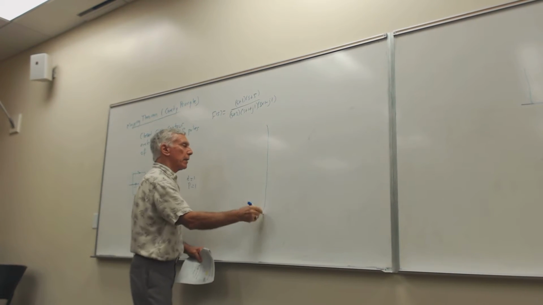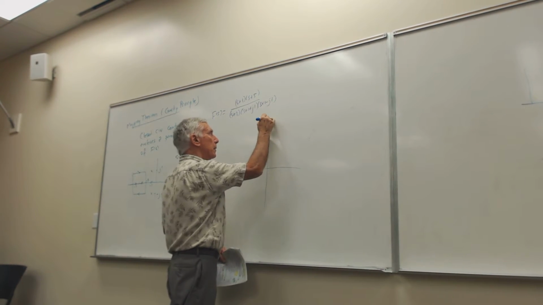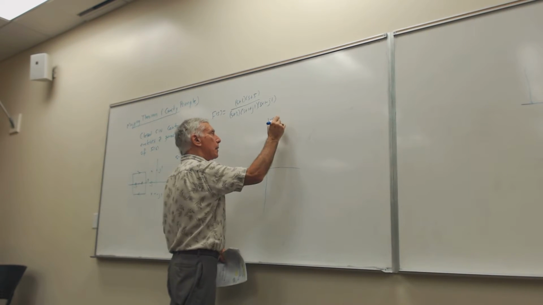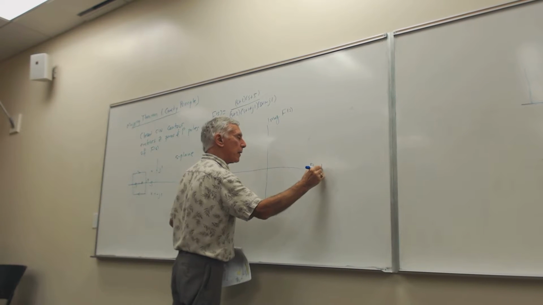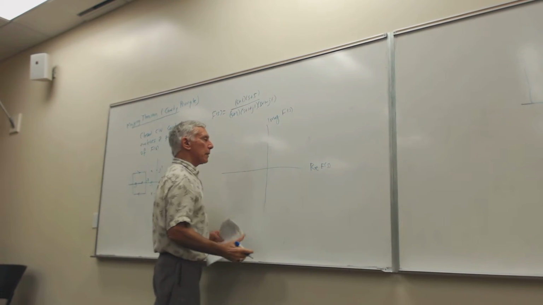Right? So we have the f of s plane here, the imaginary component of f of s and the real of f of s. Okay.